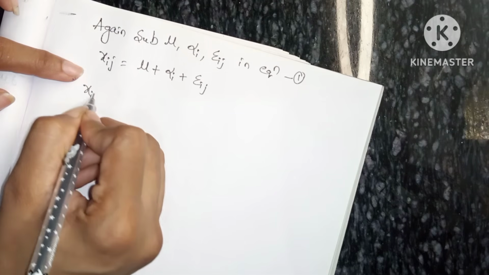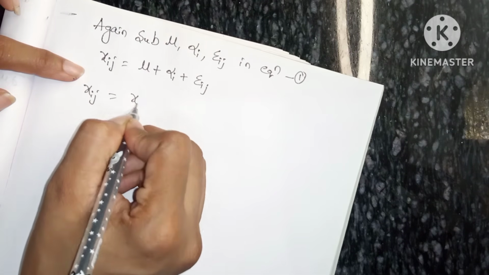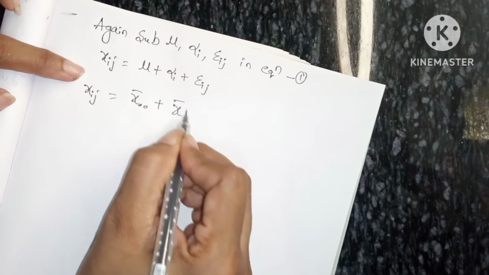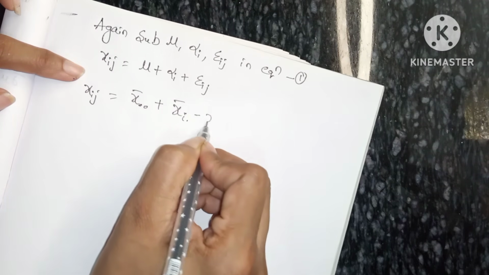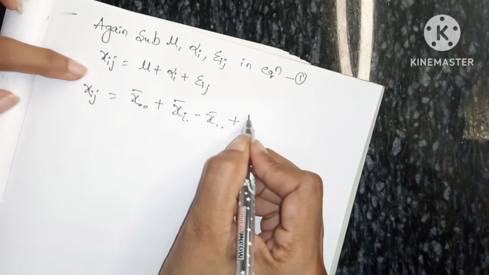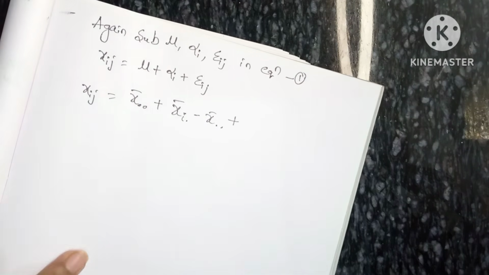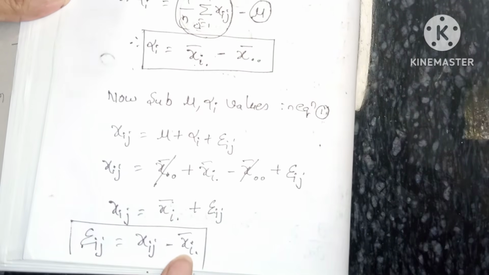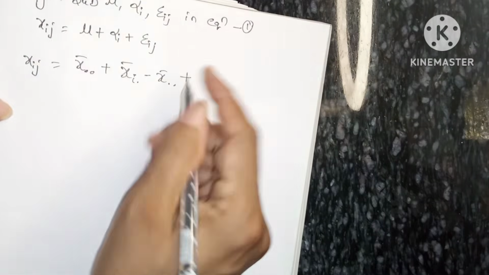So xij equals to mu value is x bar double dot plus alpha i value is x bar i dot minus x bar double dot plus epsilon value we got, xij minus x bar i dot.